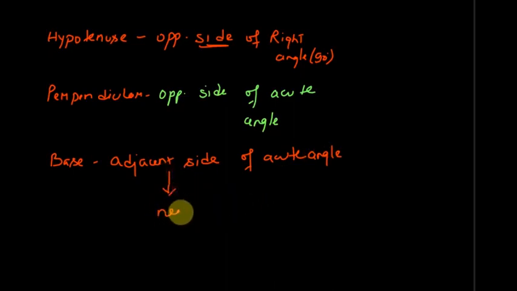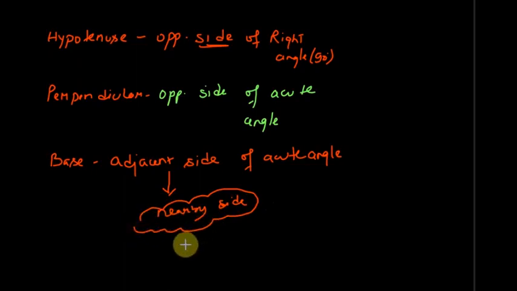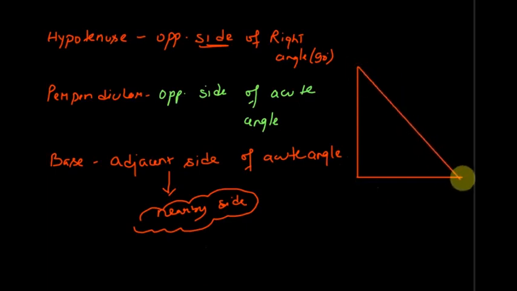Actually the meaning is different, but just for you to understand, we can say adjacent sides are the nearby sides. Now if I draw a right angle triangle, ABC, this is 90 degrees.